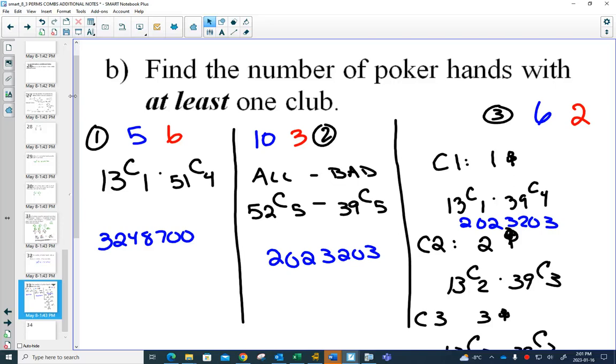And apparently, there's over 3 million that have at least one club. This is bad. You can't have more poker hands that have at least one club with a restriction than the total number that includes all the ones with at least one club.